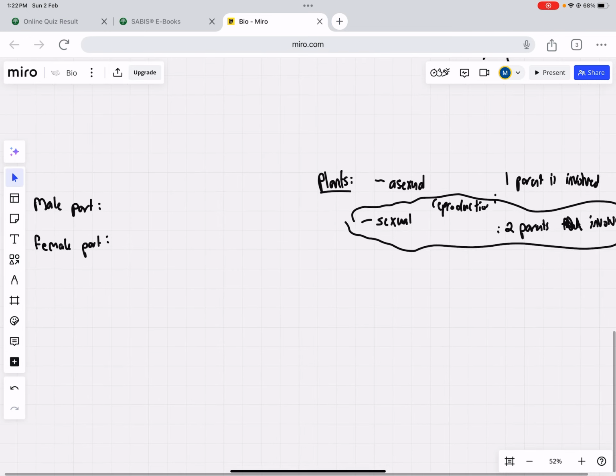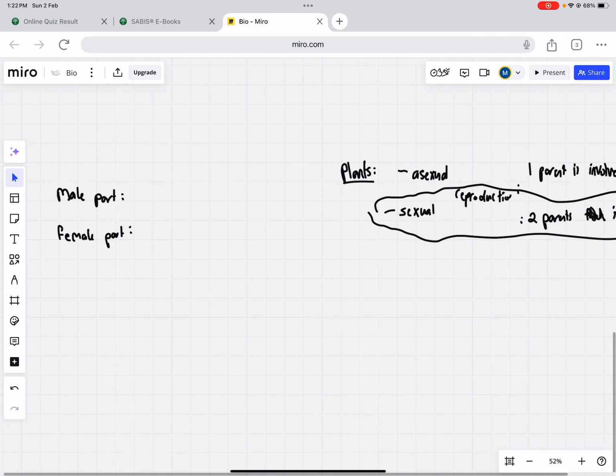So we have the male part and the female part. The male part we said is the stamen, which is made up of the anther and filament, while the female part, we're going to call it carpel, and it's made up of the stigma, style, and ovary. And in the ovary, we have the ovules.